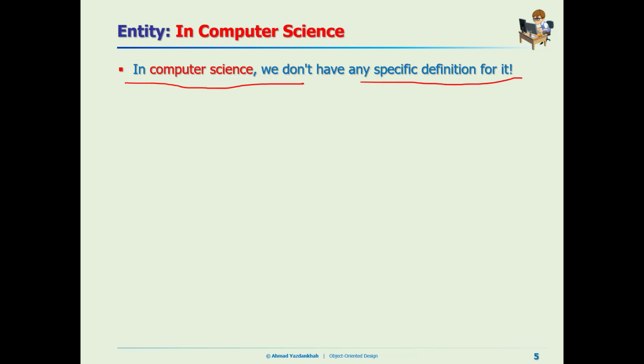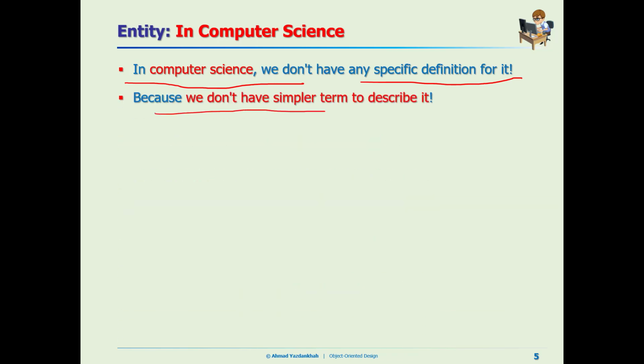Why? Because if you want to define something, you need to use terms and concepts which are simpler than the term that you want to define, right? For entity, we don't have such terms, right?